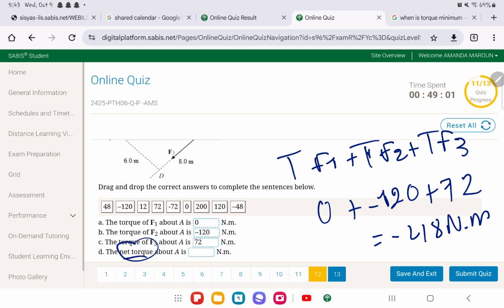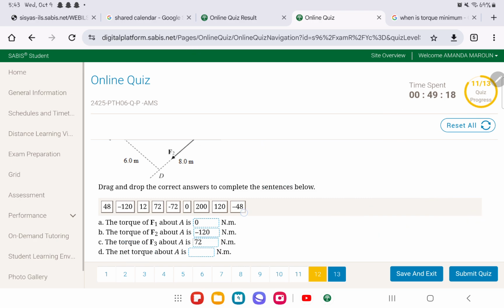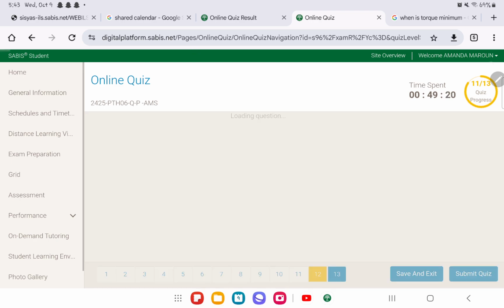So again, net torque means you add everything. Net force means you add all the forces. Net torque means you add all the torques. Net anything means you add all of the anythings. So net torque is going to be negative 48 newton per meter.